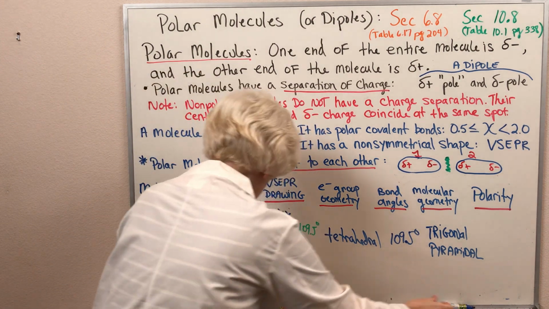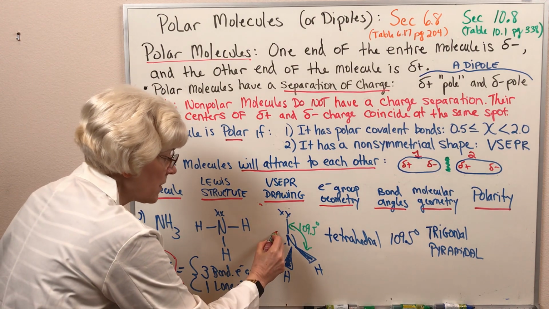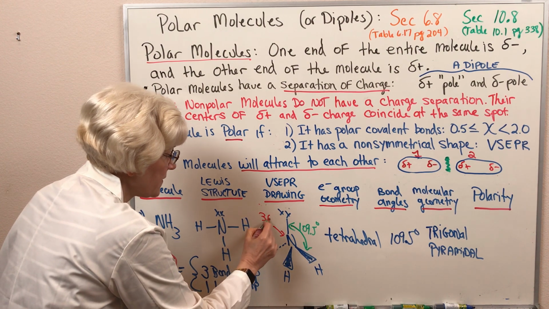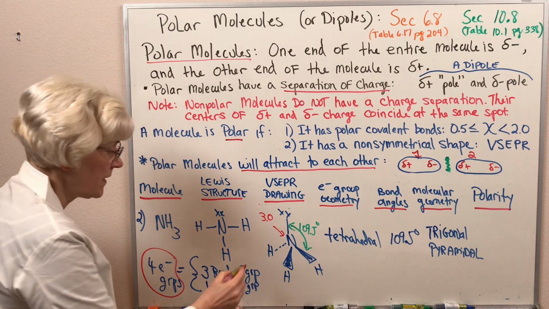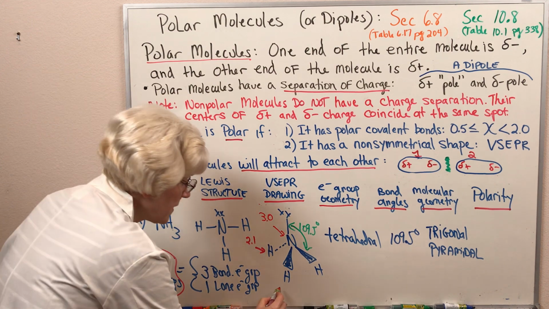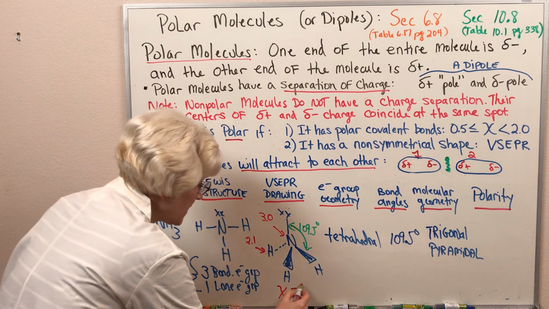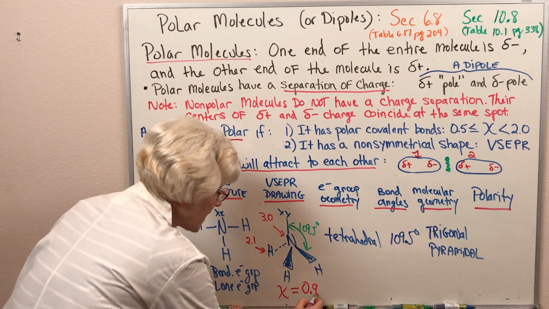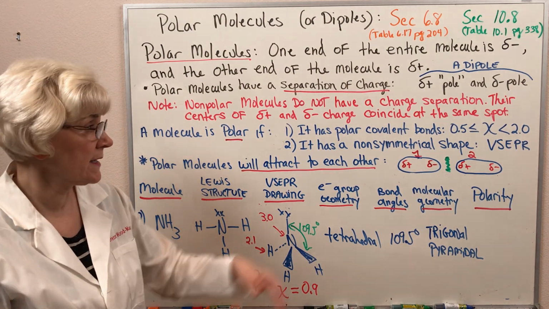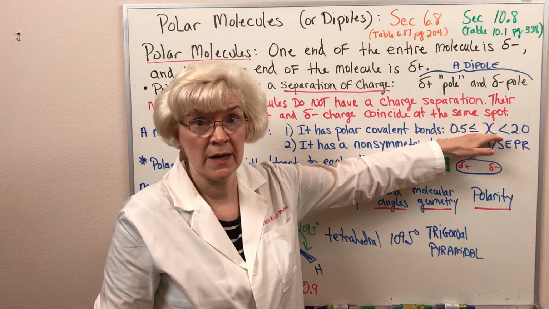Well, looking at the electronegativity values to understand whether it has polar covalent bonds, you remember that nitrogen has an electronegativity of 3.0 and hydrogen an electronegativity of 2.1. So the electronegativity difference between nitrogen and hydrogen is 0.9. And that's placing it clearly in the category of polar covalent bonds.